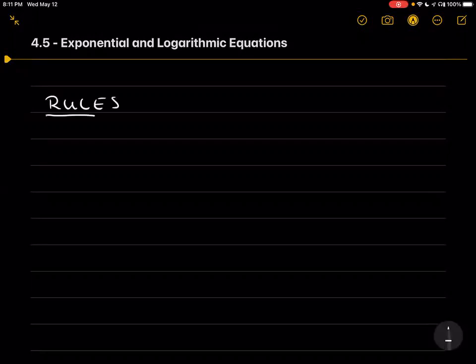Here are some rules about logarithmic and exponential equations that are particularly useful for simpler ones. There's two of them. The first one for exponential equations is that if you have some number a, 2 or 3 or 14 or whatever, you raise it to the x power, and that's equal to that same base raised to the y power, then this means that we can say x equals y.